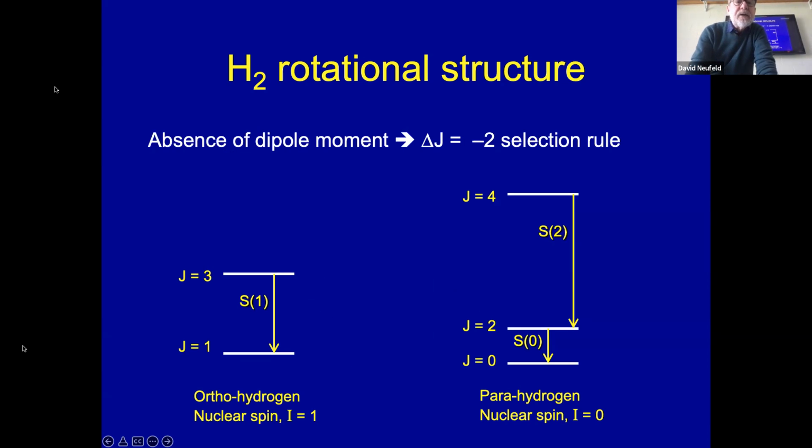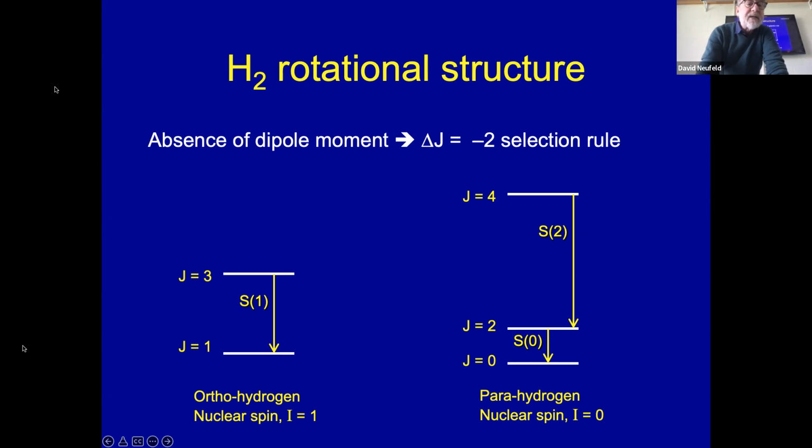And you could then ask, well, what will be the ratio of ortho to para H2 as a function of temperature? And it will depend on temperature, because at very low temperatures, everything will fall into the ground state in thermal equilibrium. So that'll be para H2, the ortho to para ratio will be 0.